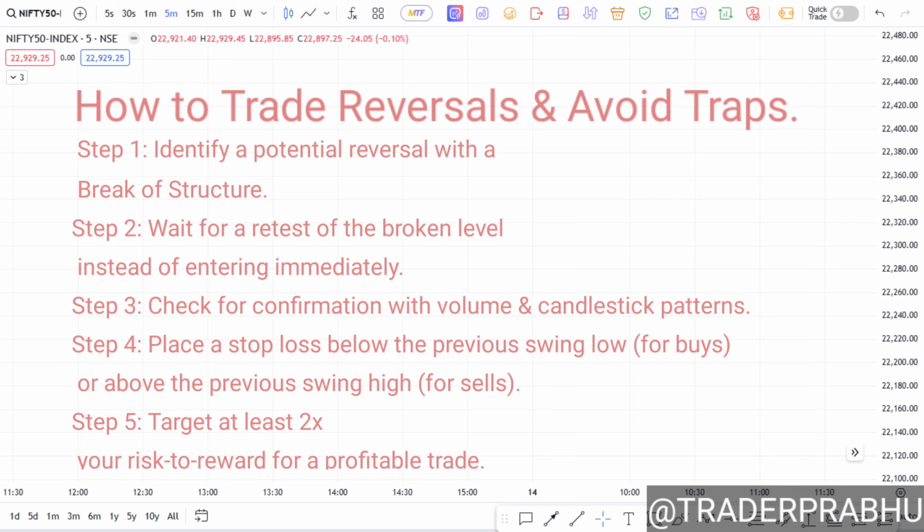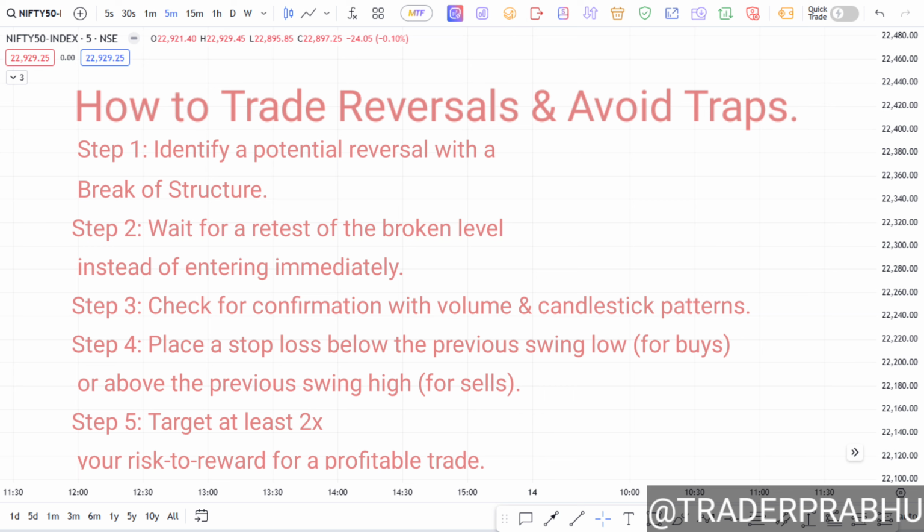So, step 1, identify a potential reversal with a break of structure, and step 2, wait for a retest of the broken level instead of entering immediately. Step 3, check for confirmation with volume and candlestick patterns.